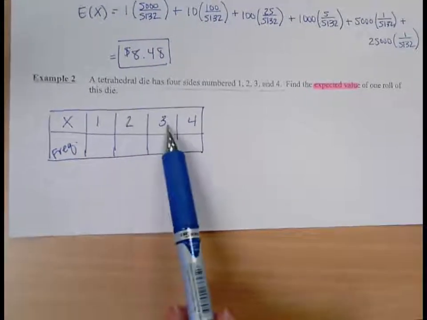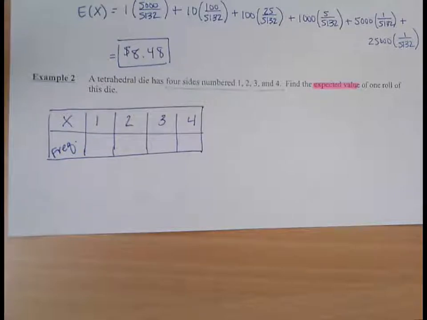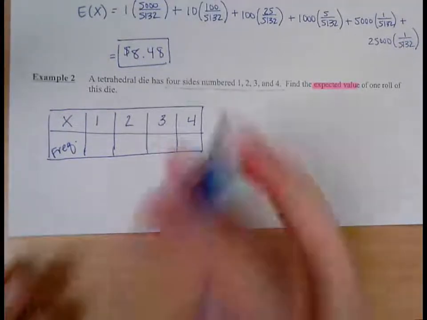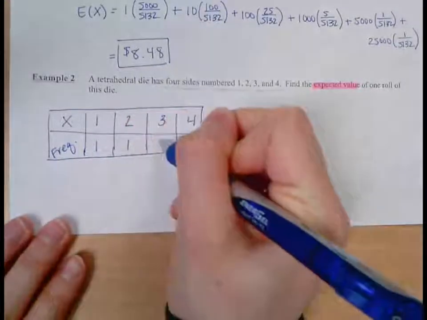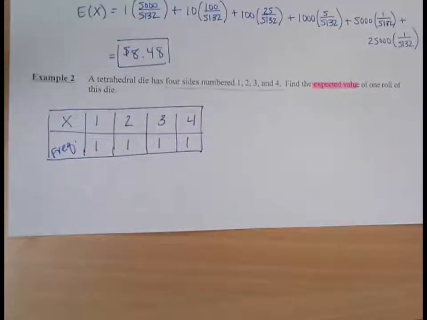We could roll a 1, 2, 3, or 4, and we would expect if we rolled the dice 4 times, each time they're going to have the same frequency. So the only possible values to get are 1, 2, 3, or 4, and they would each have the same frequency. Again, this is expected. Obviously, if you rolled it 4 times, you may not get each number once.